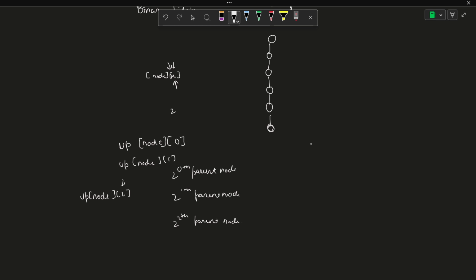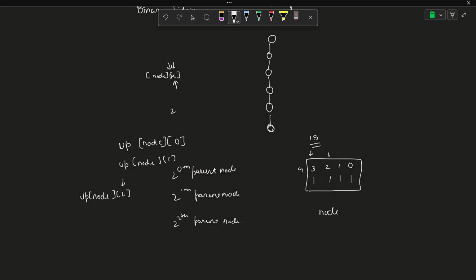Now let's say you want to find out the, let's say, 15th parent of any node, right? So how can I represent 15 in binary form? So you can find the 2 raised to power 3th parent of the current node.